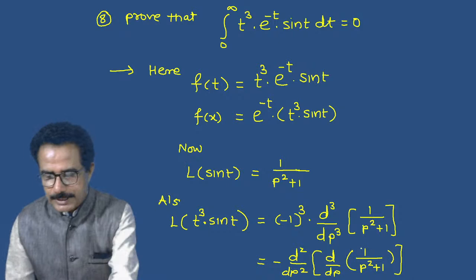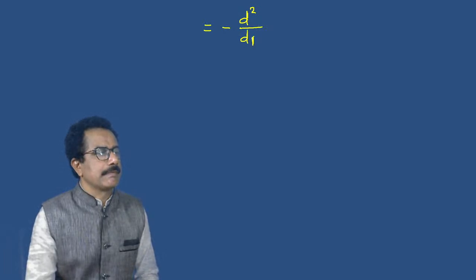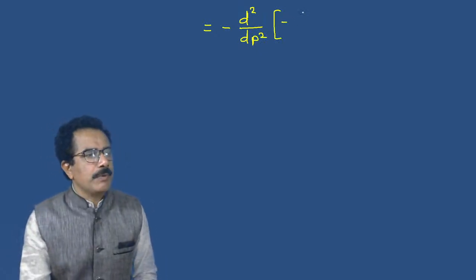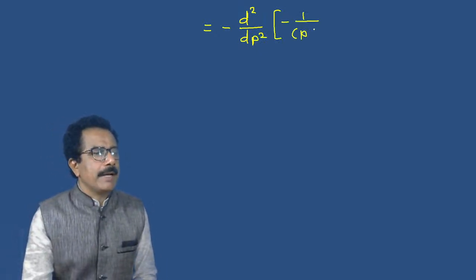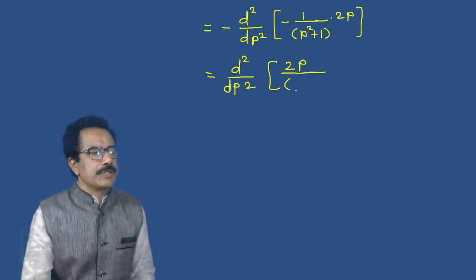So minus d2 by dp square of minus 1 upon p square plus 1 bracket square into 2p. So minus minus plus d2 by dp square, which is equal to 2p upon p square plus 1 bracket square.